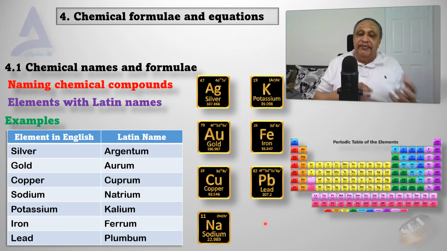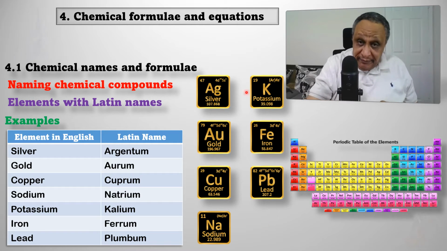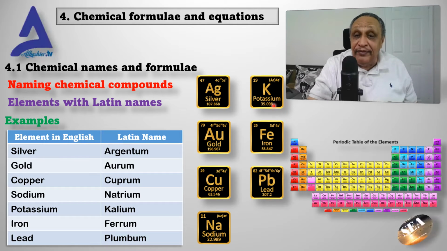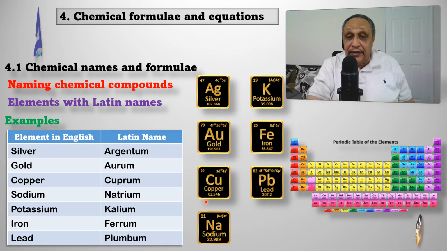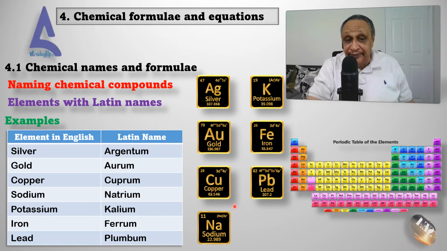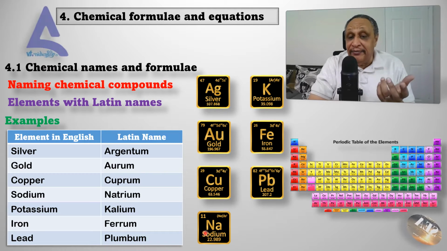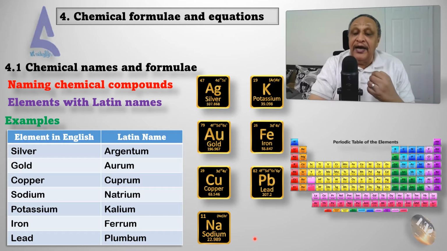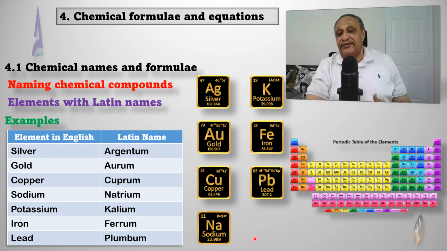In symbols, we may use one letter, like kalium, which is potassium, or two letters, like copper, which is cuprum, or natrium, Na, or also we can use one letter, like phosphorus, and so on.